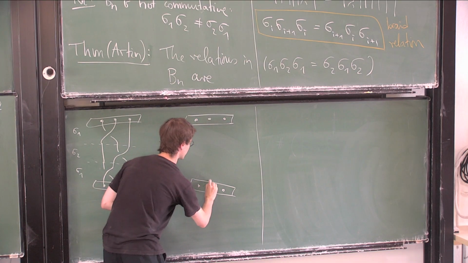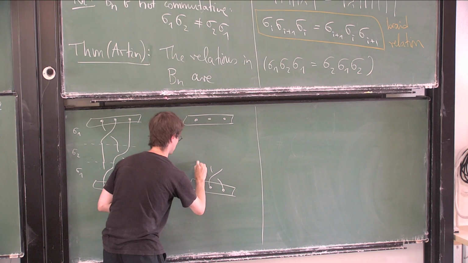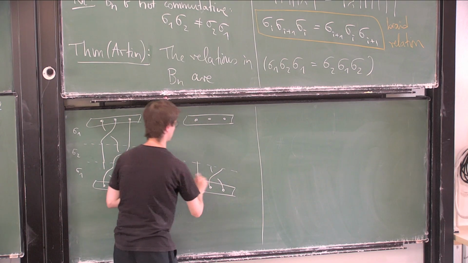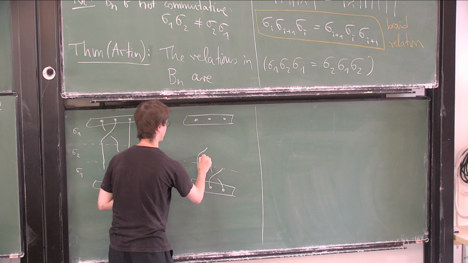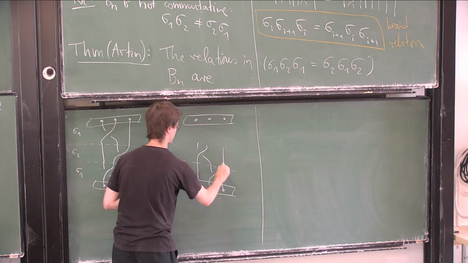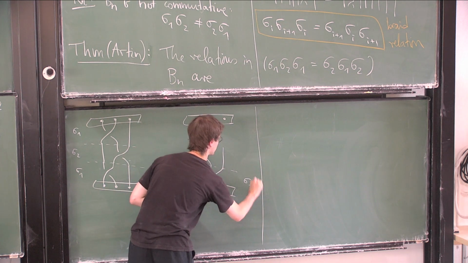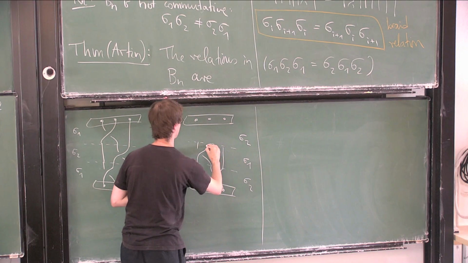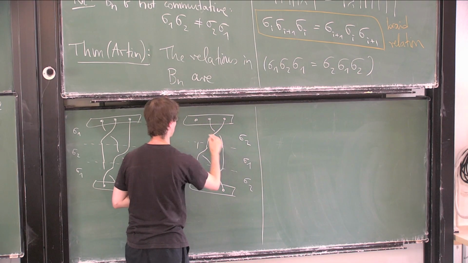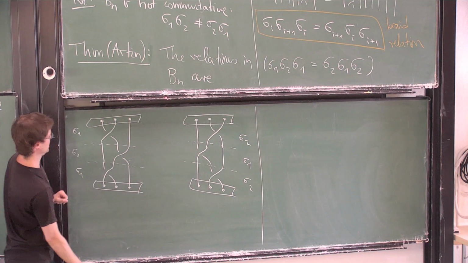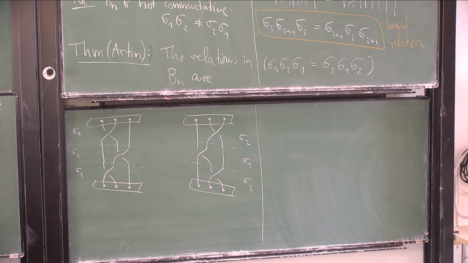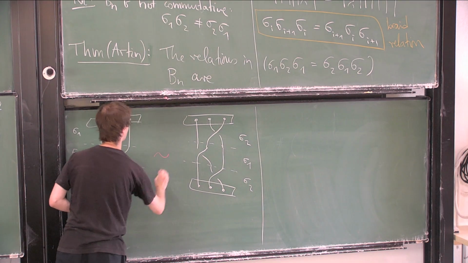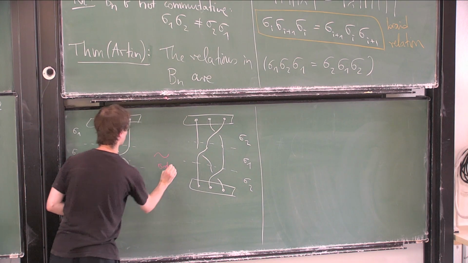So I start now from sigma 2. Then I do sigma 1. And it's not that obvious that they're the same. There's an isotopy.